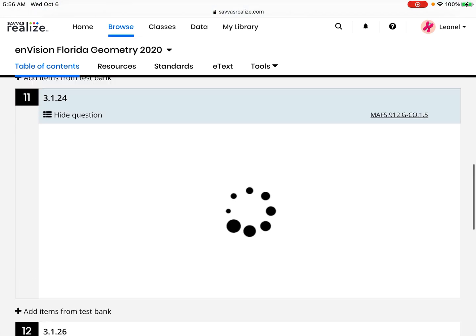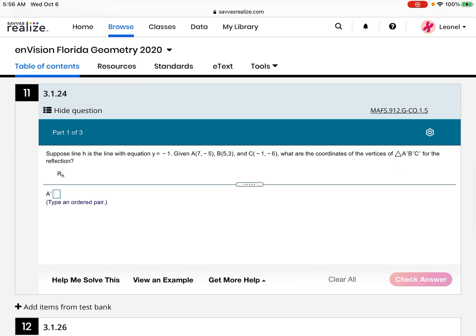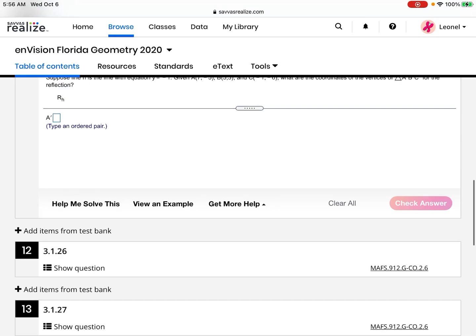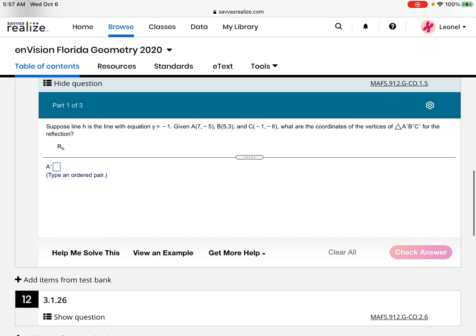This is 24. No, I'm not sure. But we did do a reflection across y equals -1 already. Okay, y equals -2, which is the one that popped up a minute ago. It would be the same thing, except your line of reflection is even a little bit lower than y equals -1. So you just have to count a little bit further.